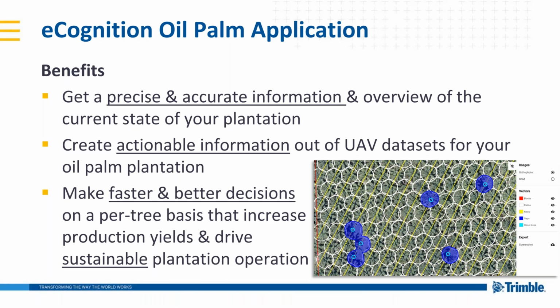And this allows us to make faster and better decisions on a per tree, per palm basis. And eventually we will increase our production yields and drive a more sustainable operation of the plantation through the tools that are available in the oil palm application.